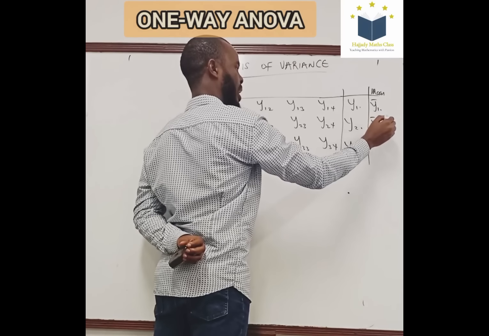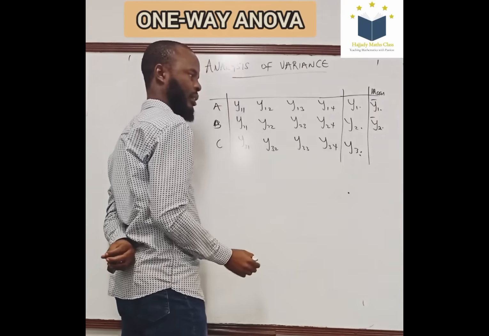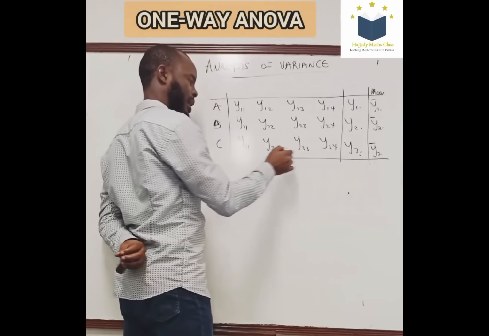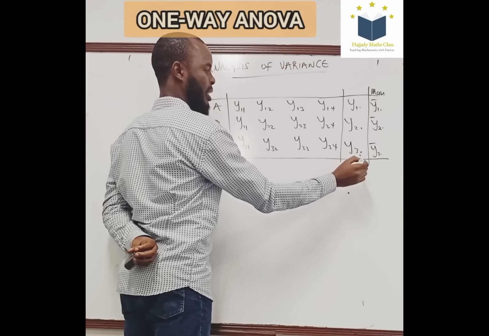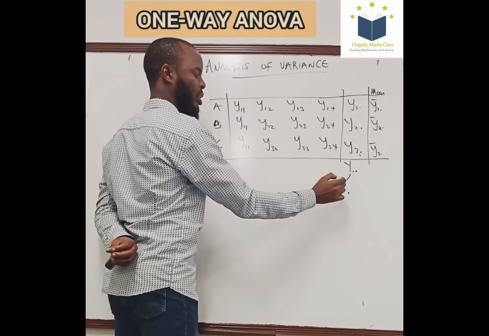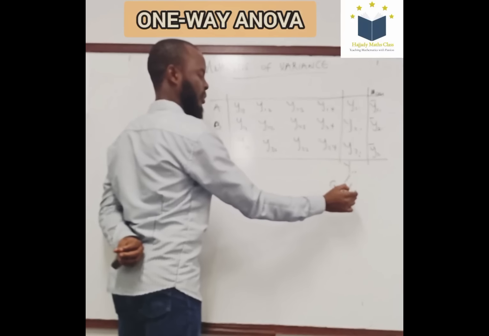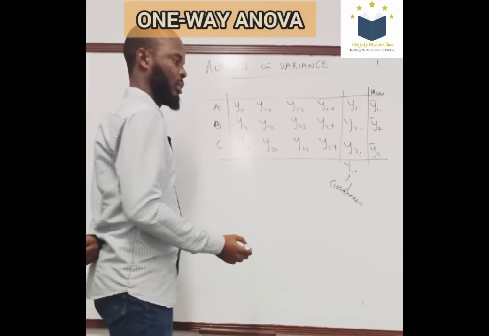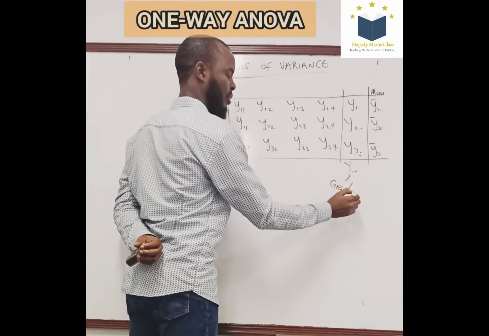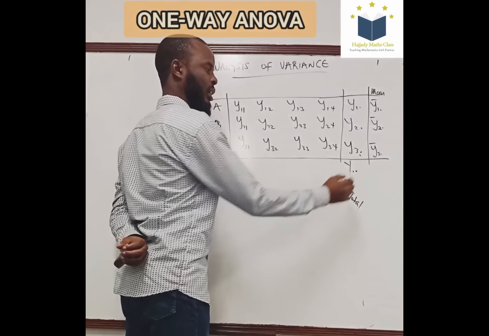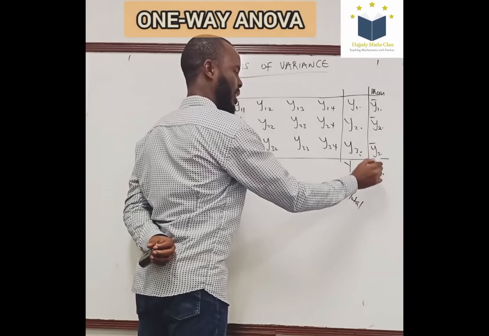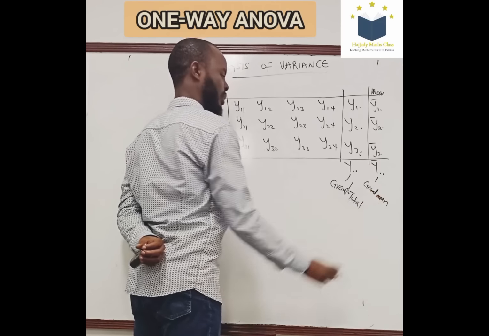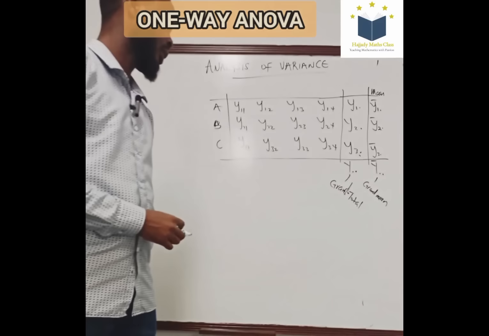Here, you can have your y2 dot bar, and here, y3 dot bar. And overall here, this is the same as y dot dot, which is known as what? You can call this the grand total, or the overall total. So y dot dot bar is called the grand mean, or the overall mean. So this is what we have.